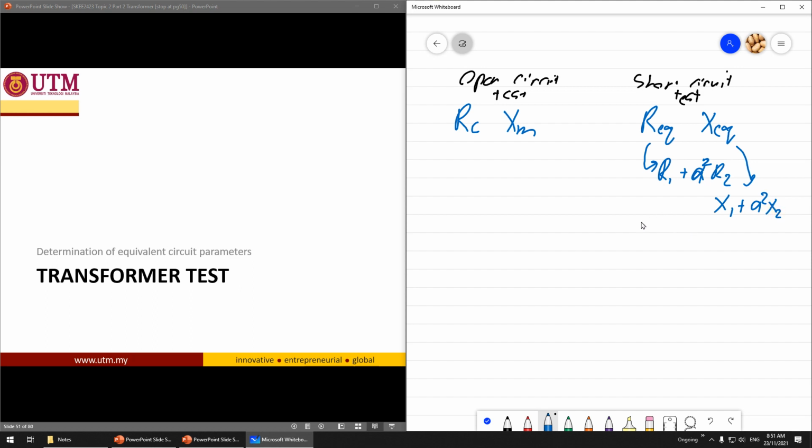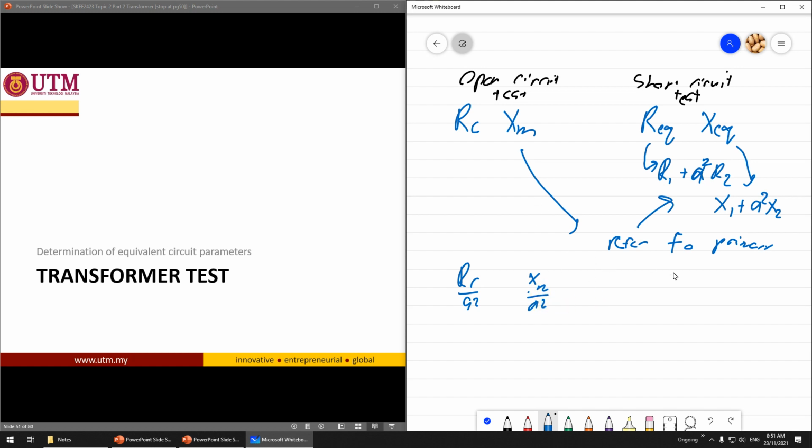This is referred to primary. If you refer to secondary, you have to divide: RC divided by A squared and XM divided by A squared.